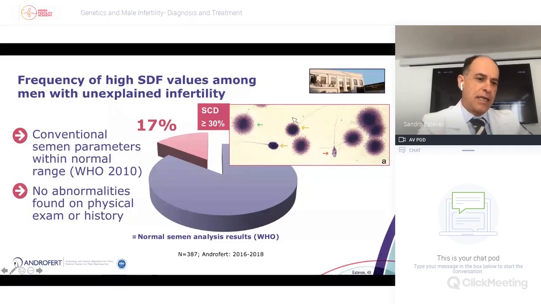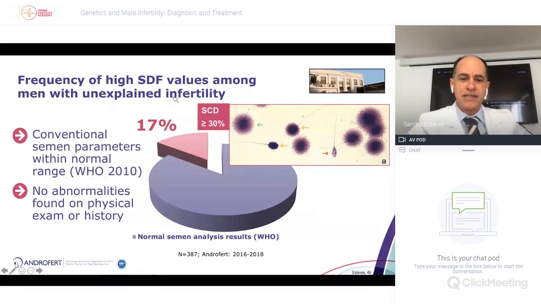When I have 30% and above, we say that we have abnormality in sperm DNA fragmentation results. Between 20 and 30% is a gray zone, and below 20% is considered within normal range. What is important to understand is that even when you have conventional semen parameters within the normal range according to the WHO, in our hands at Androfert, we have 17% of patients fitting in this category with SCD results higher than 30%.